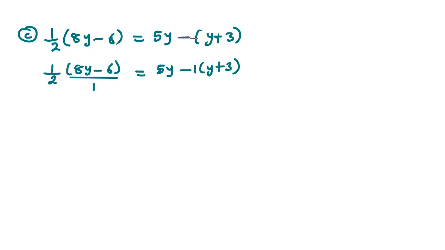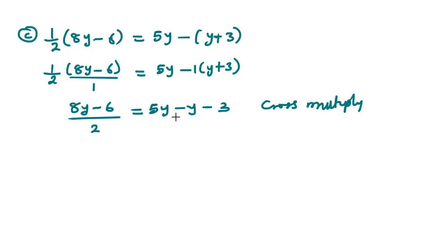That's why when you use the invisible one to open the bracket, the bracket gets opened. So this one will now be 1 times everything here, 8y minus 6, then 2 times 1 is equal to 2. It will now give us 5y minus 1 times y, that is minus y, minus times plus, that is minus 1 times 3, that is 3. What's the next thing we do? We cross multiply.